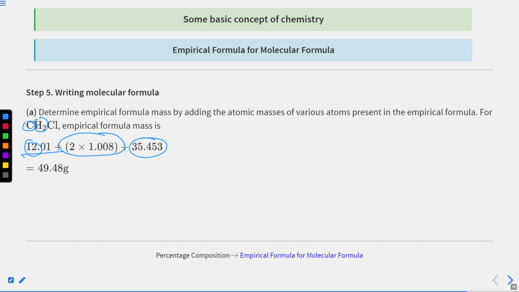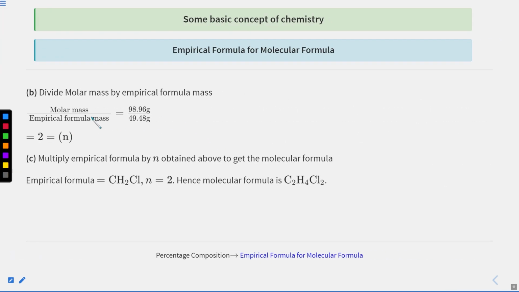If you add all of this, that gives you the mass according to the empirical formula. Now we already have the molar mass of the compound. We will divide both of these. That gives us the number with which we have to multiply the empirical formula. So 98.96 by 49.48 brings us to 2.